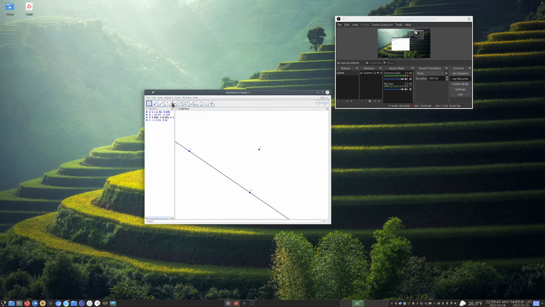I think I get it now. Let's just pick a point D here and make the circle at E going through D. And I'm going to actually move D so that it is here. Okay, now we know how to do this.